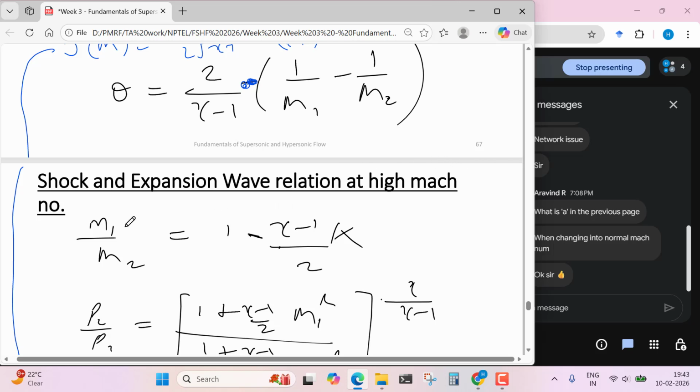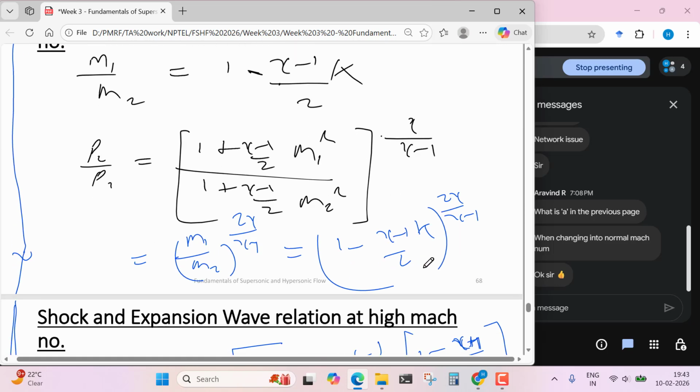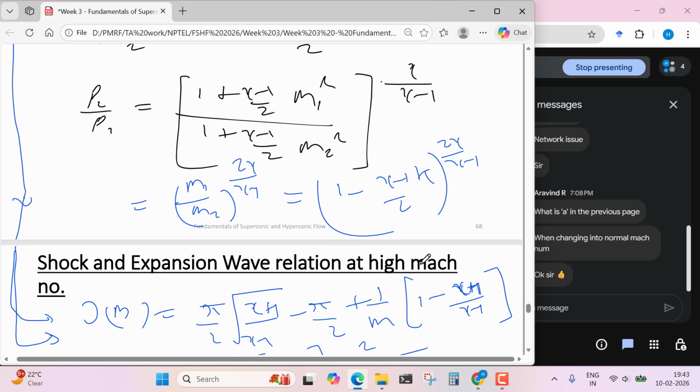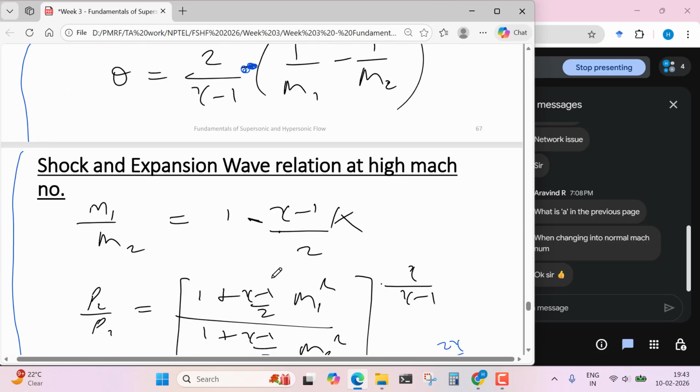And the rest of the properties, like m1 upon m2 and p2 upon p1, we can write in terms of the similarity parameter. Here the similarity parameter is given by m1 into theta, which is similar to before.